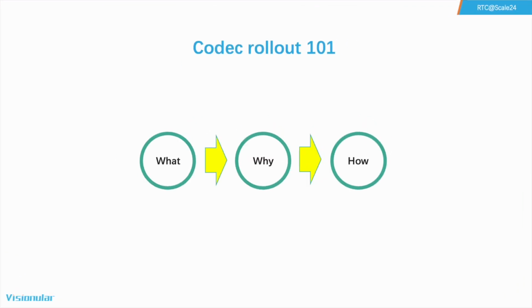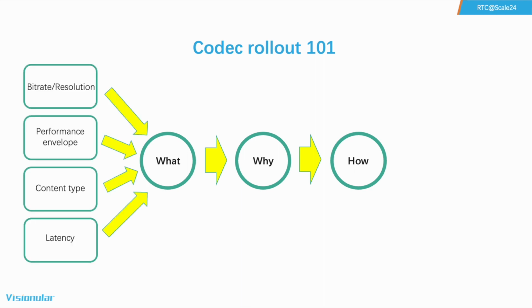So for a codec rollout, you need to answer three basic questions: what, why, and how. Now, what means characterizing your application from the perspective of a video encoder. So that means what bit rates and resolutions are you supporting? What is your performance envelope, particularly in software? That means how much CPU you can use on each kind of device that you want to support.